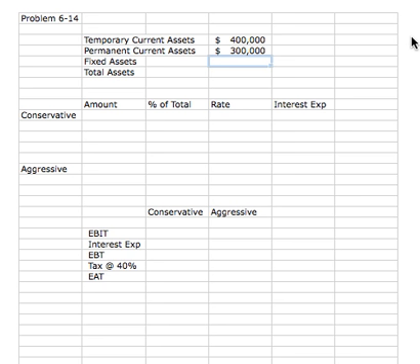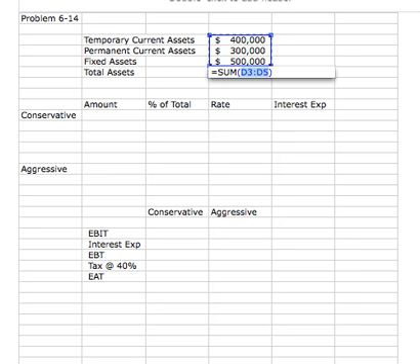Guardian also has 500,000 in fixed assets, which would make its total asset base 1,200,000. All right.